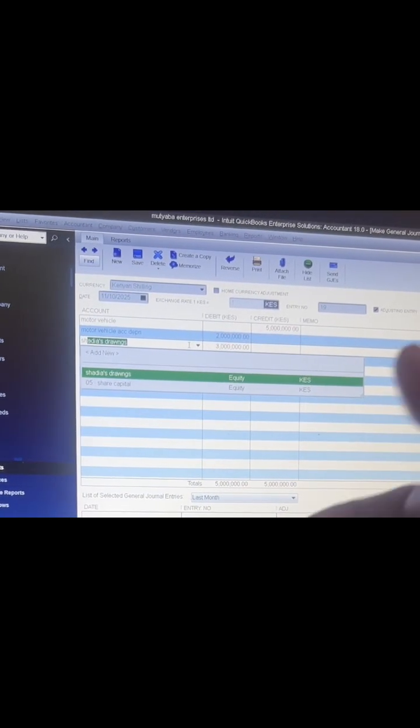Remember we said 2M. And then another account that is affected, that is the drawing. We are going to use Shadia's drawing. After that, we save and close.